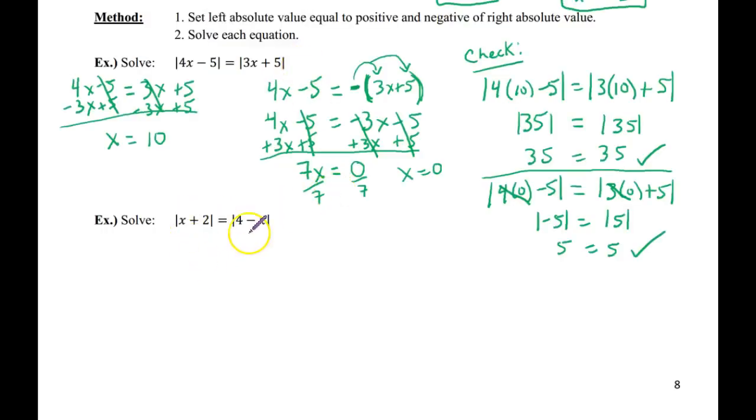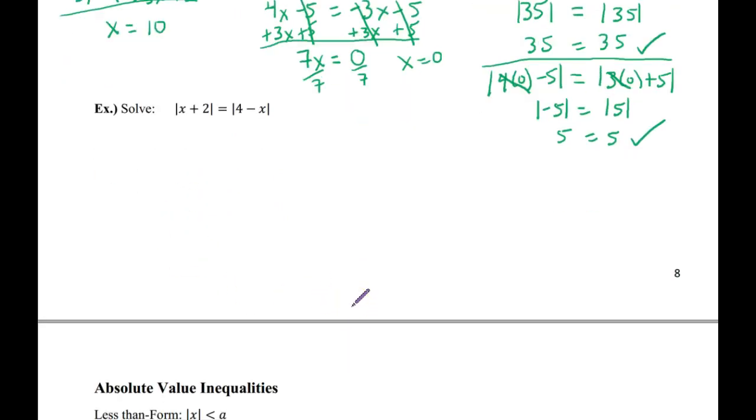Alright, looking at this example, I have the absolute value of x plus 2 equaling the absolute value of 4 minus x. And we're asked to solve. So again, whatever's inside this absolute value could equal exactly what's inside that absolute value. Notice I didn't change this to a plus. So when I say the positive, I don't mean change your negatives to positives.